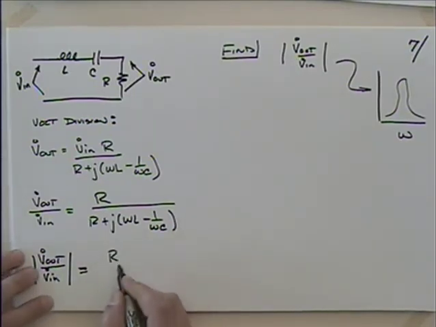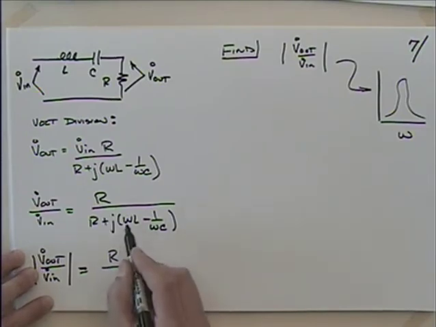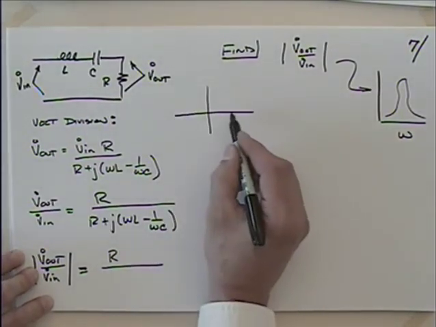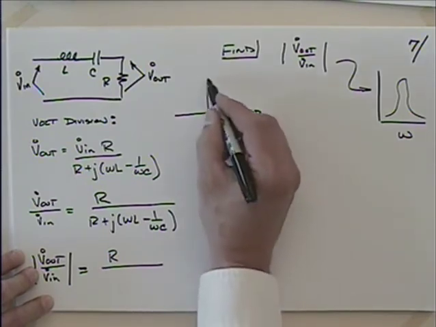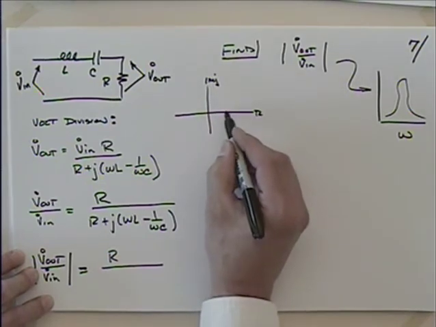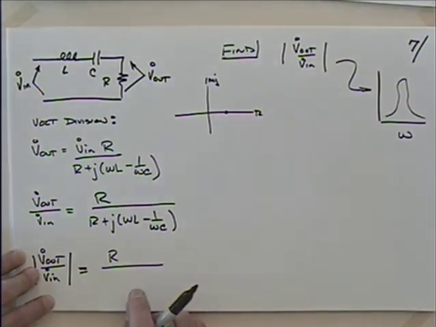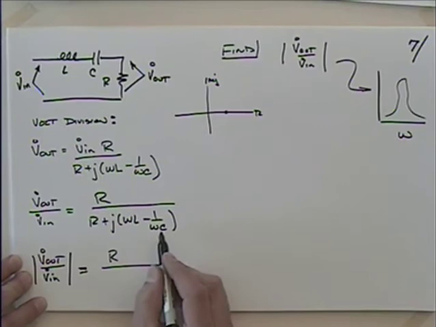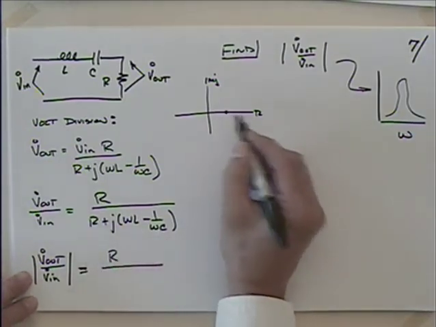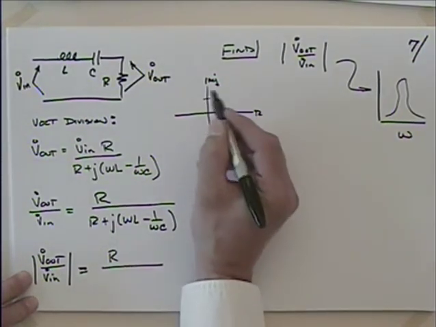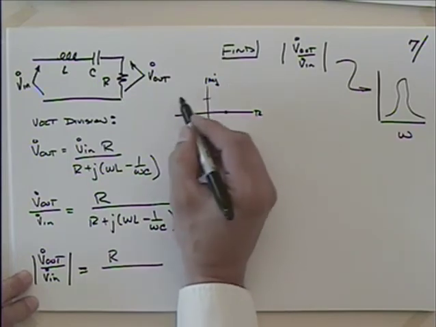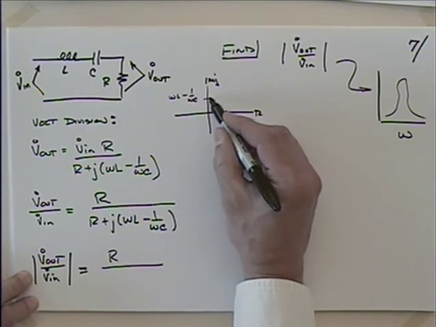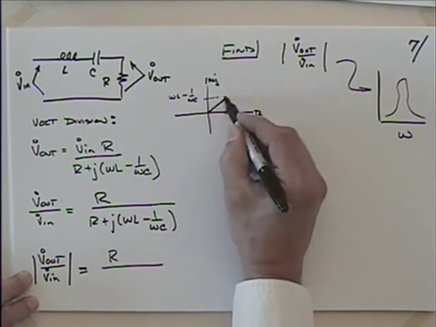Okay, so we've got R divided by, and then this is a little more complicated because if I go to the real and the complex plane, there's our real and there's the imaginary. R is just out there, so its magnitude is very easy. When I then look at this term here, omega L minus 1 over omega C, I'm going to have to go over R, and then up, and we'll assume this is a positive number, it wouldn't need to be, but we'll have omega L minus 1 over omega C. So the magnitude of that is this distance here, isn't it?